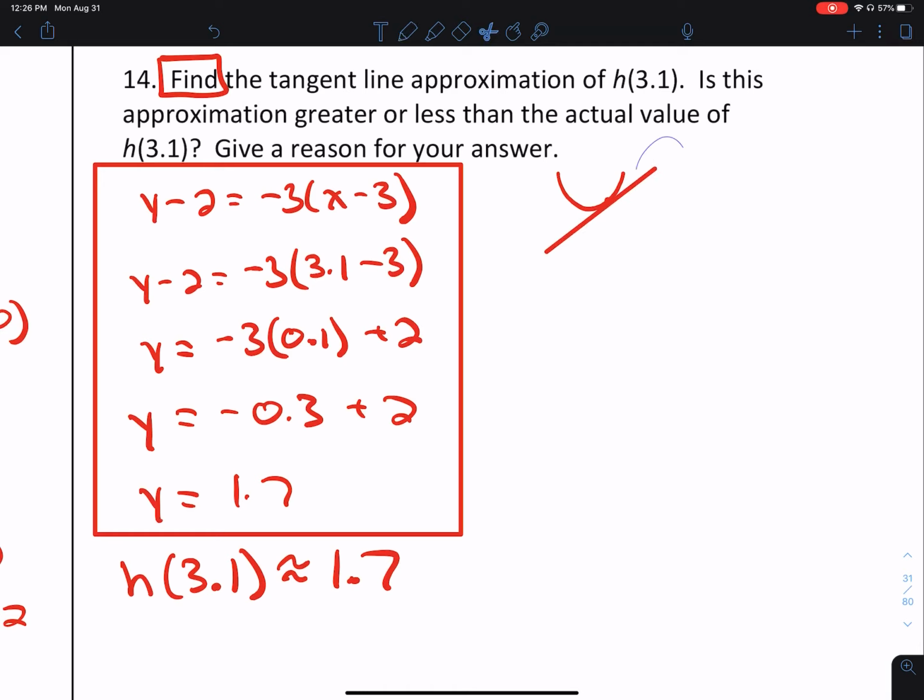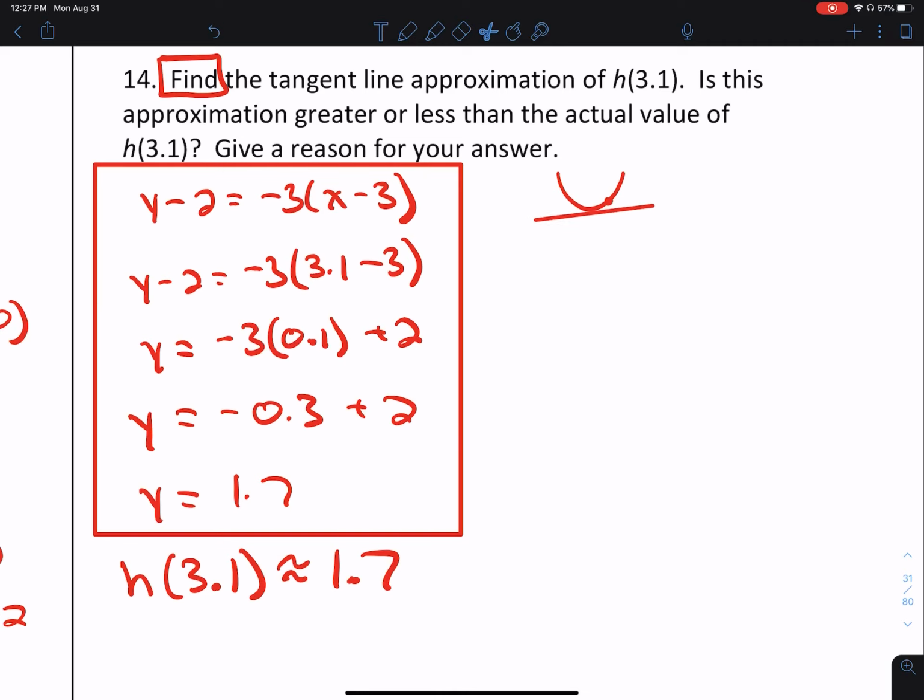No matter where I draw this tangent line, it's always going to be under this graph. I can put this tangent line any place I want, and it's always going to be underneath of this, which means any y value on this tangent line, with the exception of the point of tangency, is going to have to be less than a point on the curve, because the curve's always above it.